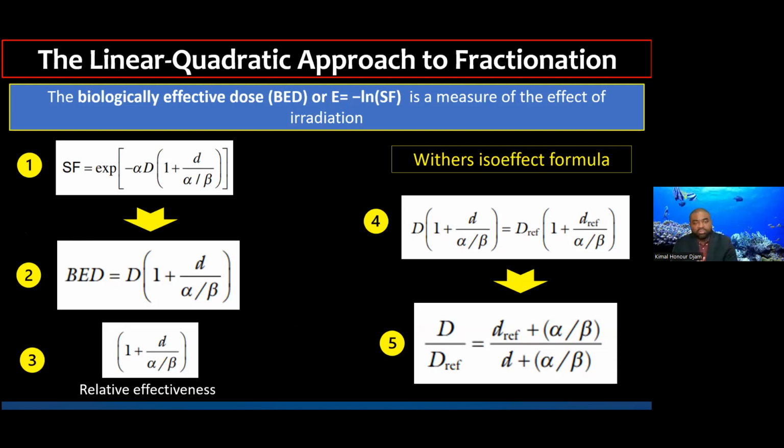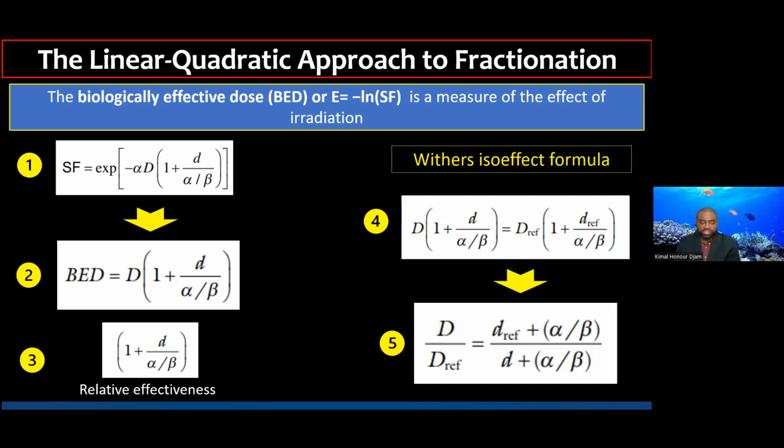One, the biological effective dose, or E, which is a measure of the effect of irradiation and mathematically represents the logarithmic cell kill because of radiation. Now, let's suppose that we have n fractions.